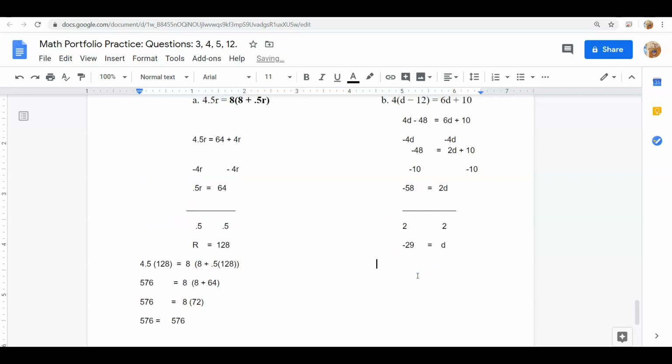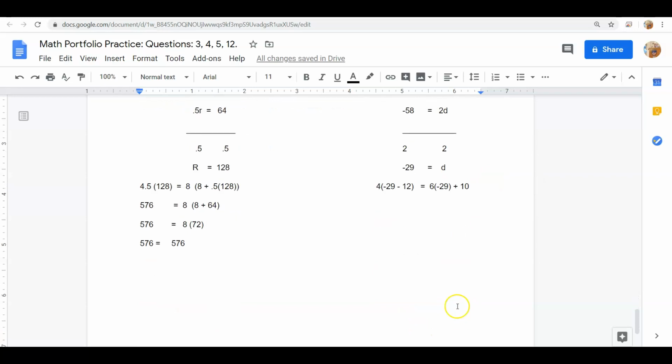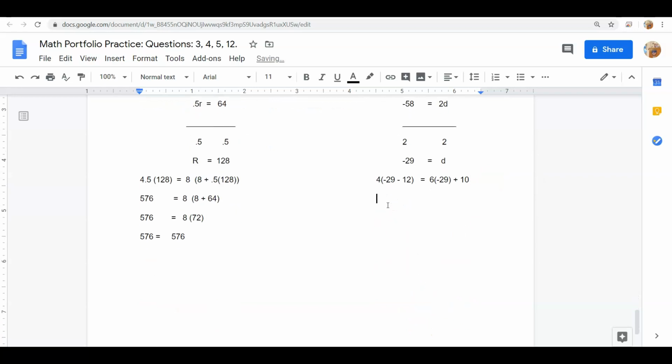We want to plug this into the equation. So 4 times negative 29 minus 12 is equal to 6 times negative 29. Remember, I'm substituting my number in for my letter, plus 10. And we solve this. We should solve the parentheses first.